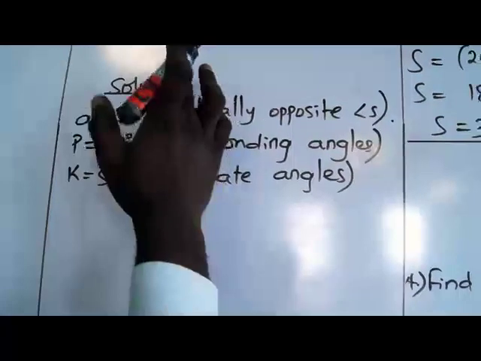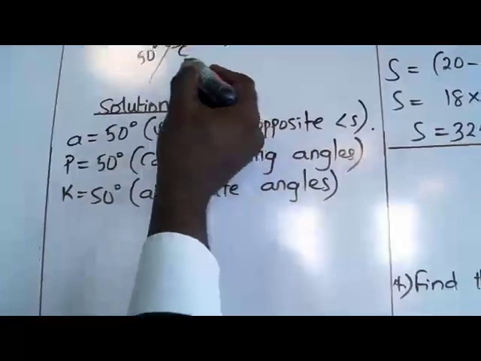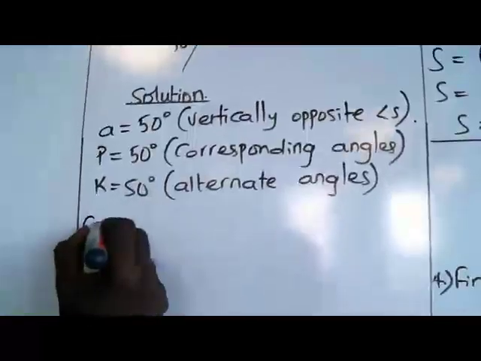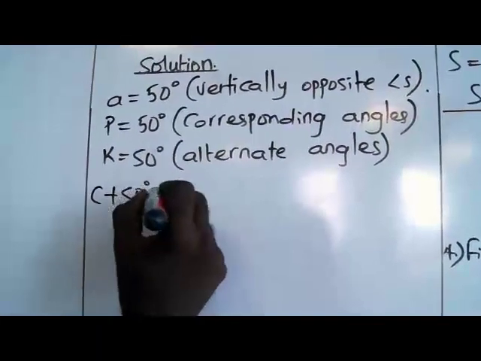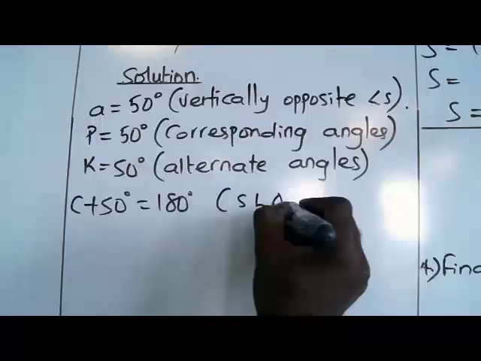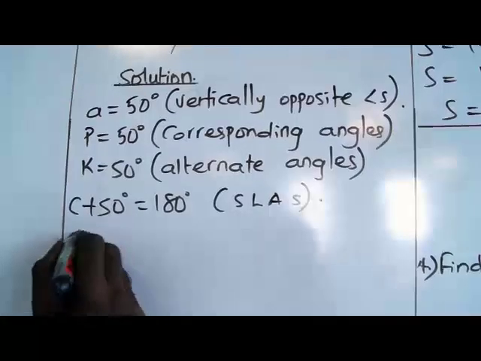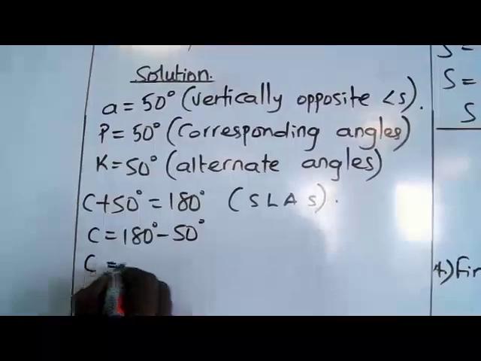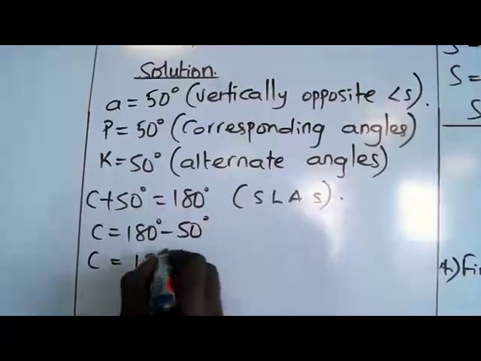Right. Now, if I consider C and 50 degrees, C and 50 degrees are on a straight line. So I can solve that as C plus 50 degrees equals 180 degrees. These are straight line angles, right? So if I solve this, C equals 180 degrees minus 50 degrees. So C gives us 130 degrees, right?